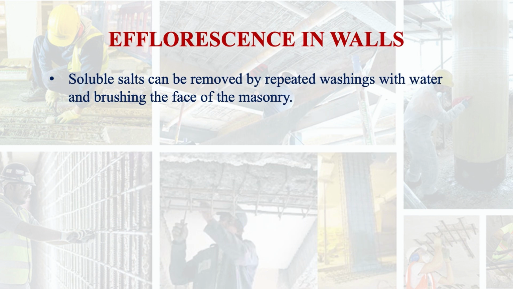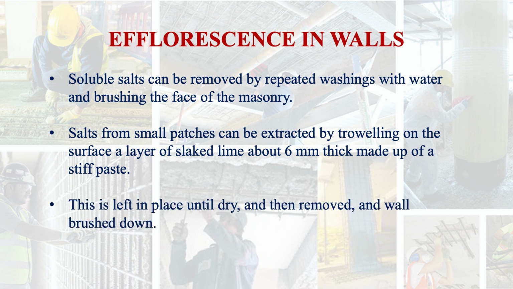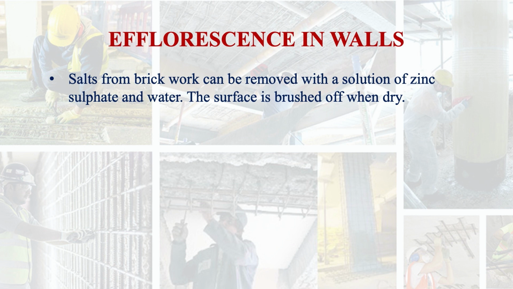Soluble salts can be removed by repeated washings with water and brushing the face of the masonry. Salts from small patches can be extracted by troweling on the surface a layer of slaked lime about 6 mm thick made up of a stiff paste. This is left in place until dry and then removed, and the wall is brushed down. Salts from brickwork can be removed with a solution of zinc sulfate and water.